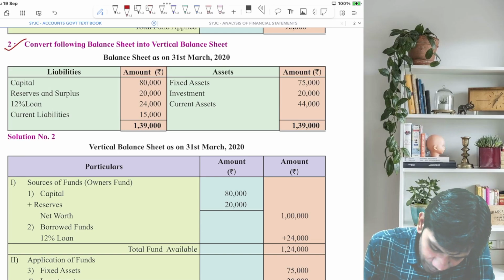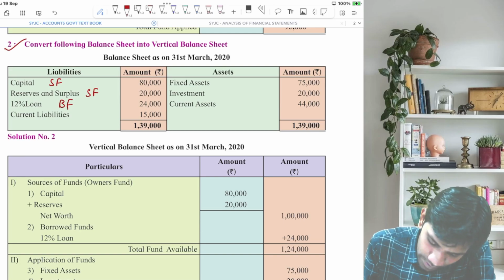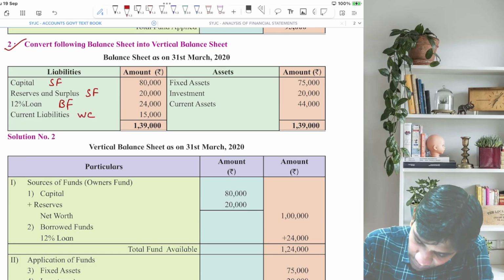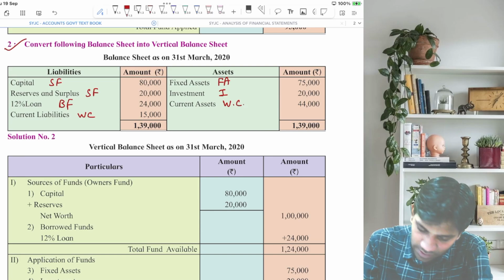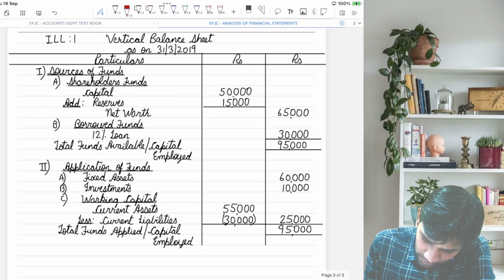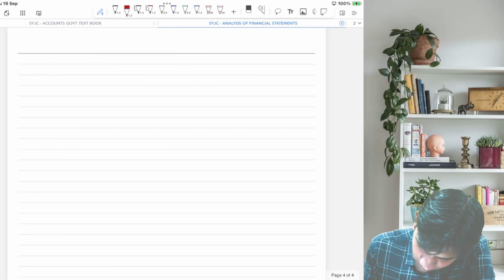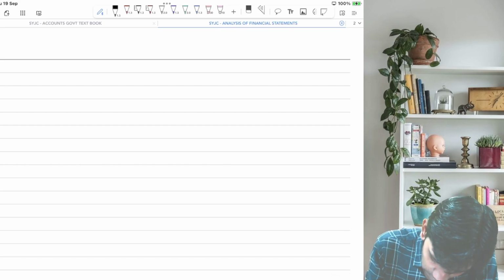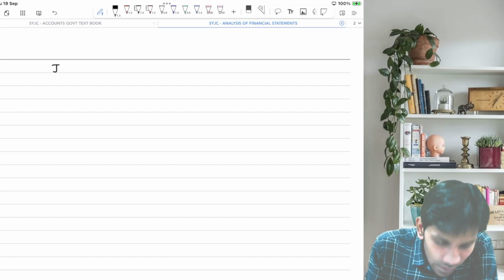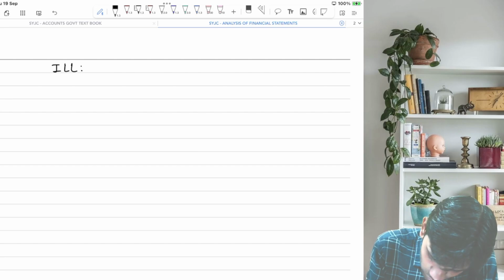Capital, shareholders funds. Reserves and surplus, shareholders funds. 12% loan, borrowed funds. Current liabilities, we have working capital. Again, fixed assets, fixed assets. Investments, investments. Current assets, working capital. Let's arrange this balance sheet. Illustration 2.